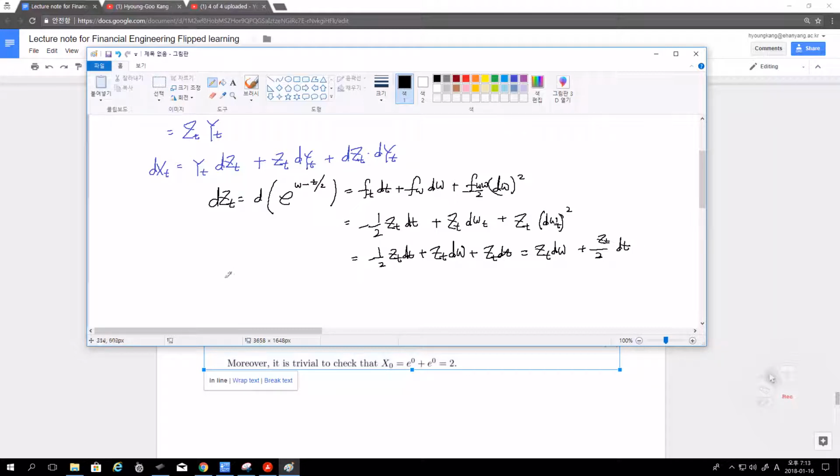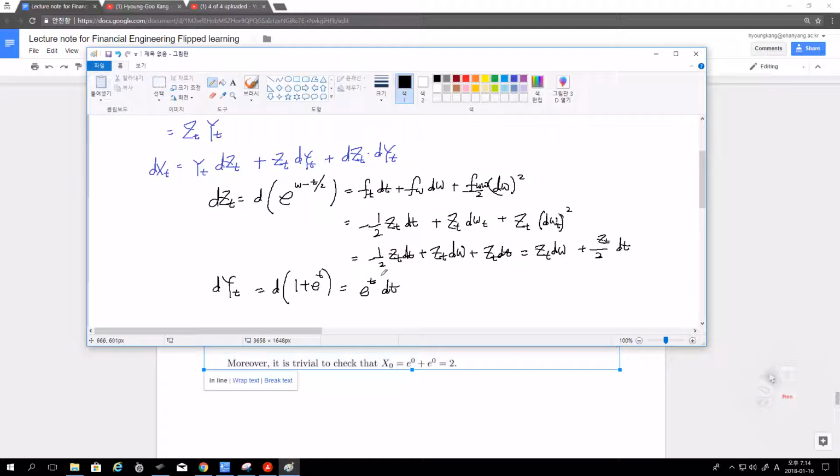Okay, now let's compute dyt. Well, yt is simply 1 plus et. There is no Brownian motion over here, so we can just do simple differentiation. So it is et dt, right? It is constant. You take the derivative with t and nothing over here. So we have this one.